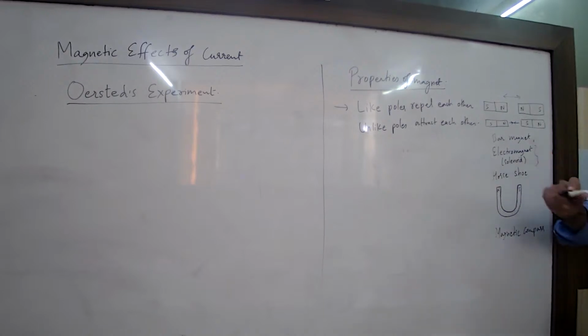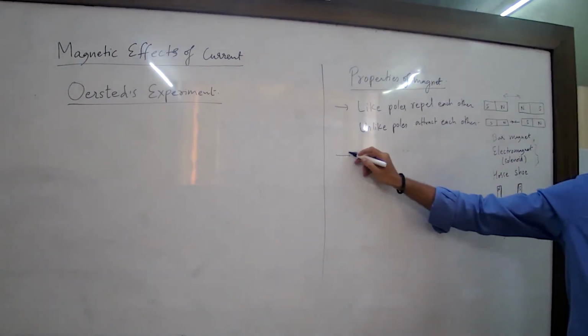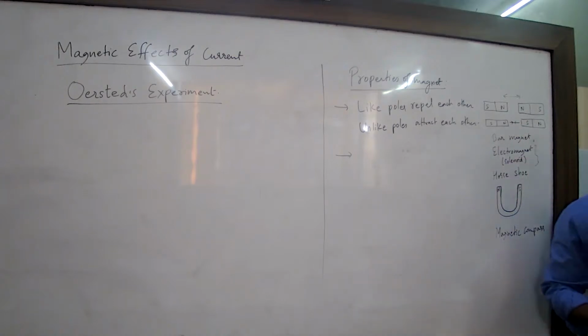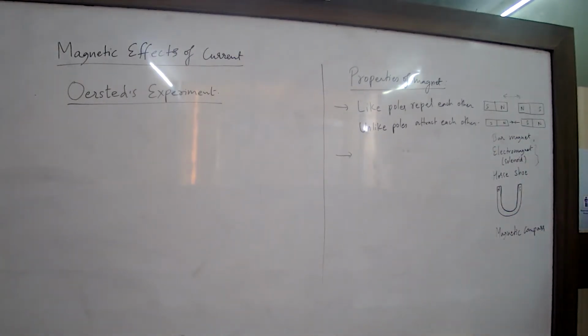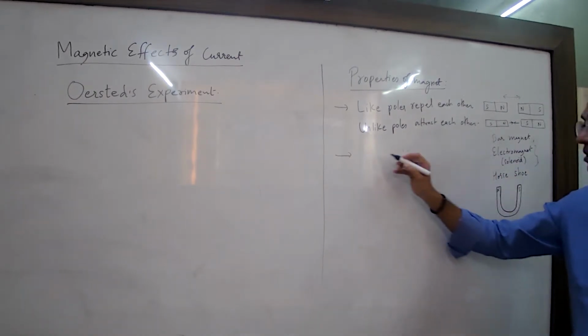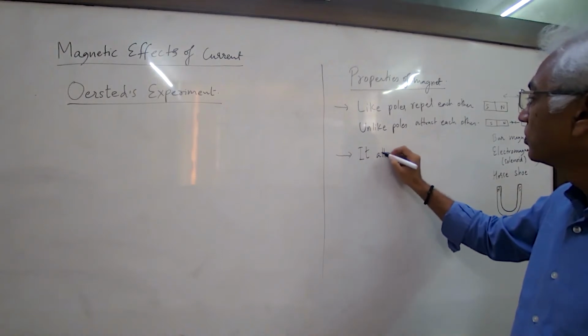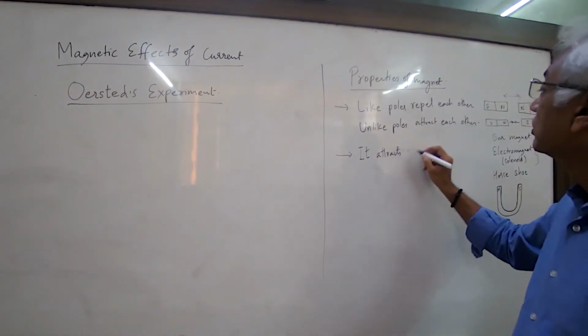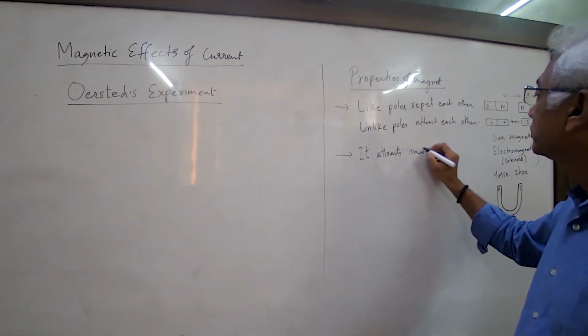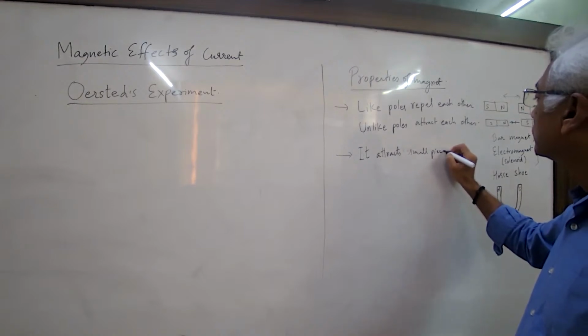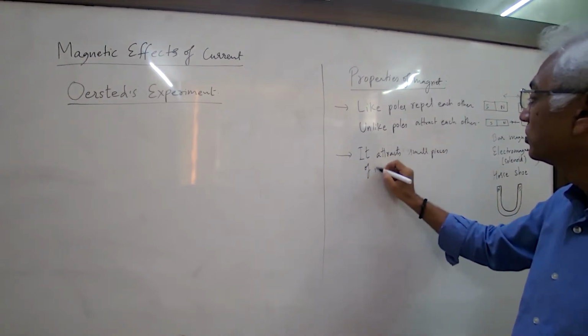Now, in properties, one property is like poles repel, unlike poles attract. Tell me one more property of a magnet. Yes, it attracts small pieces of iron.